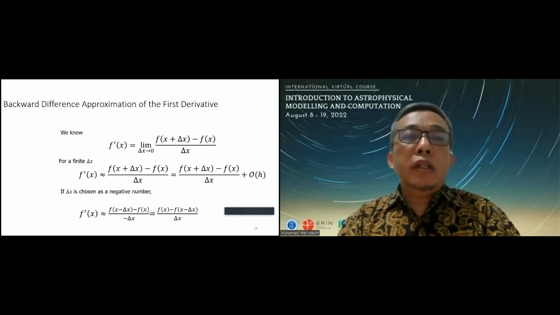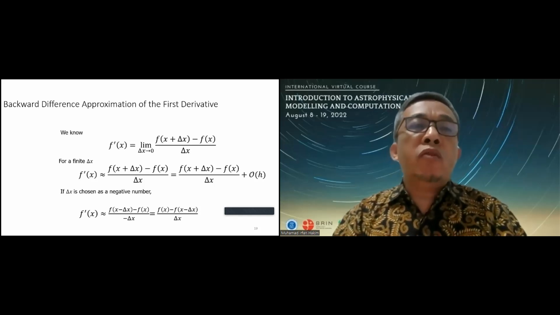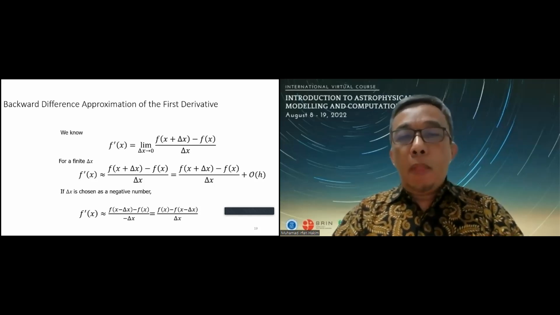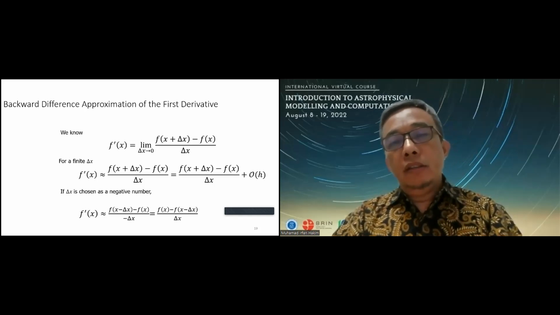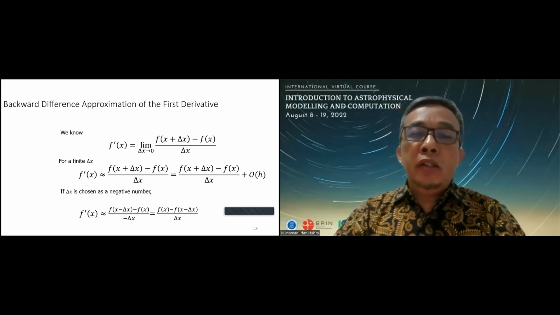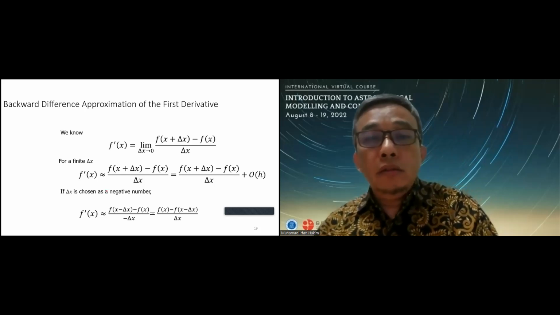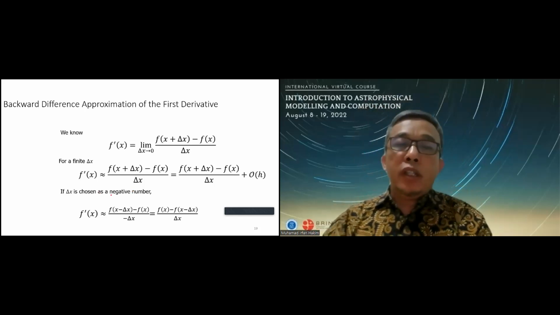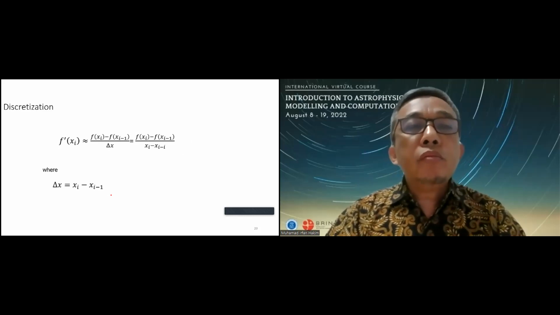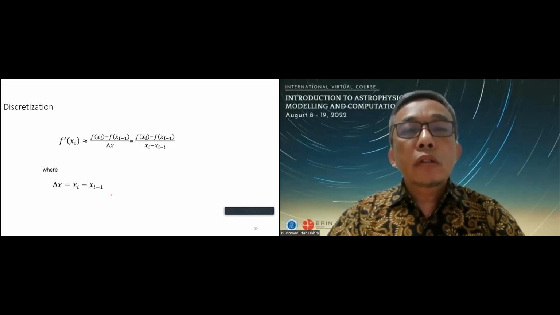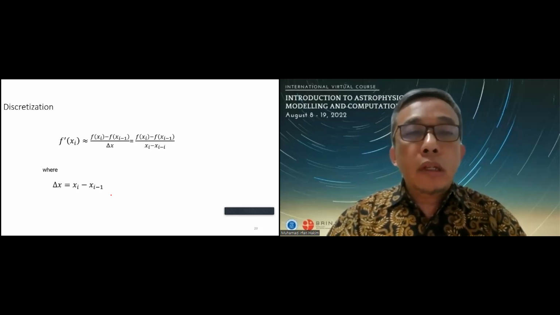And the second is backward difference. It's similar to forward difference, except that we change delta x to minus delta x.